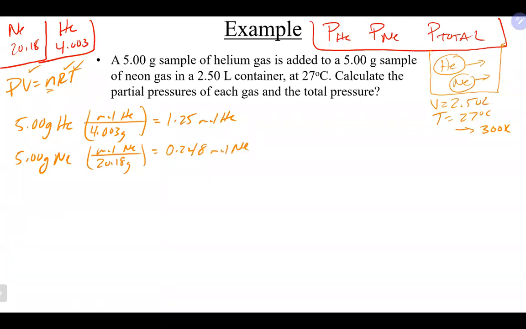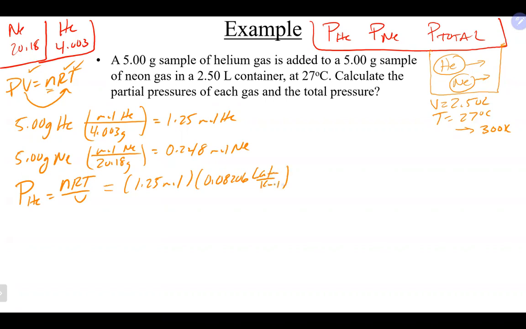And in this case, we're just going to do 2 separate calculations. We'll start with the partial pressure of helium, which would be nRT divided by V, really just bringing V to the other side. We'll put our values in for helium, which is 1.25 moles, and our gas constant and our temperature, which was 300 Kelvin, all divided by our volume, which is 2.50 liters.